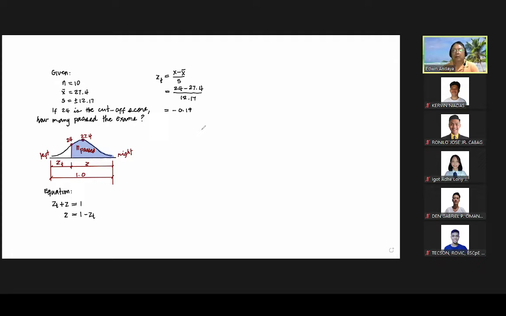Okay. We will look this value up from the table. The distance of the negative 0.19 from the table.